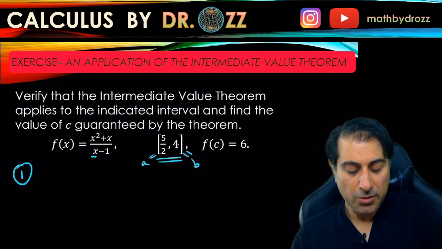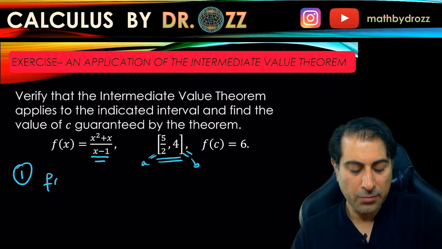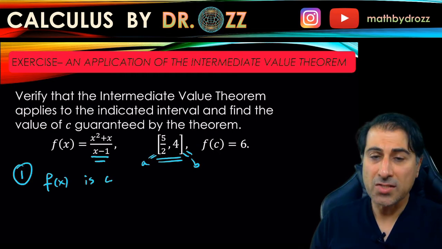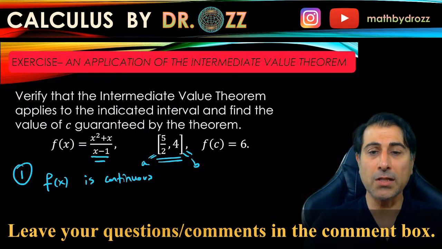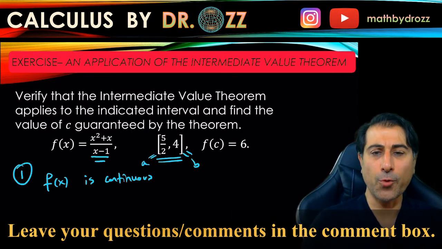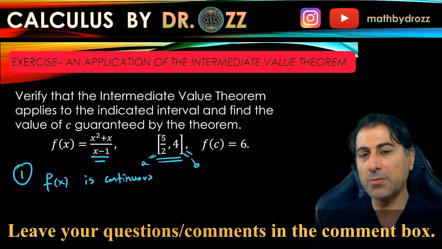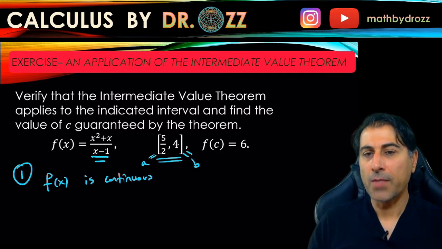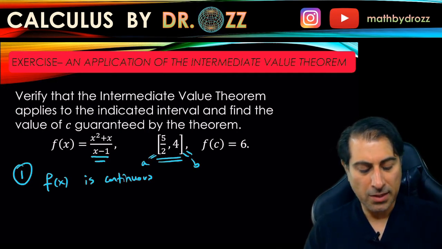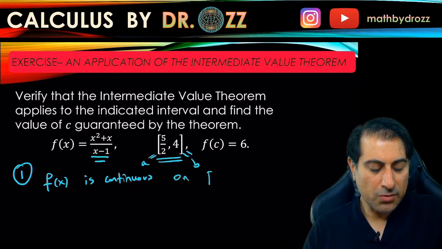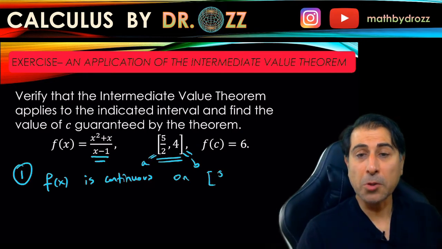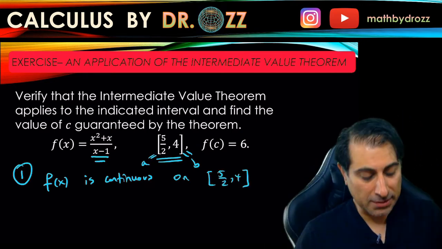Well, this function f of x is continuous as long as x is not equal to 1, because the top piece is a continuous polynomial, and the bottom piece as well, but this is a rational function. We must avoid x's making the bottom 0, and that's x equals 1. If you're considering any interval not containing 1, we should be safe. In fact, the interval provided to us is 5 halves and 4, and 1 is not there, so we're safe to call f continuous.